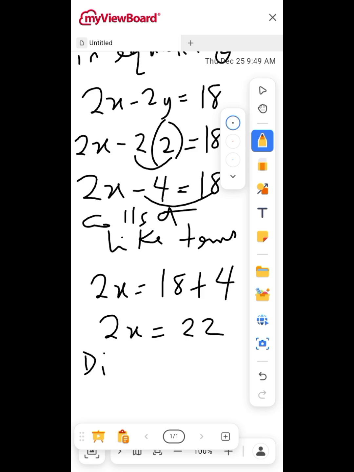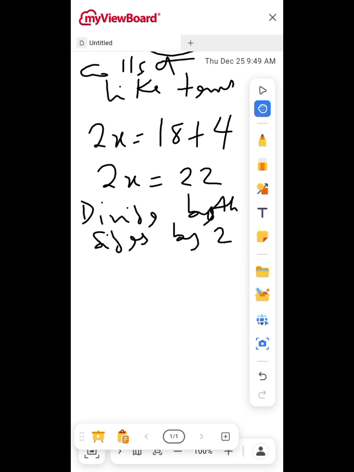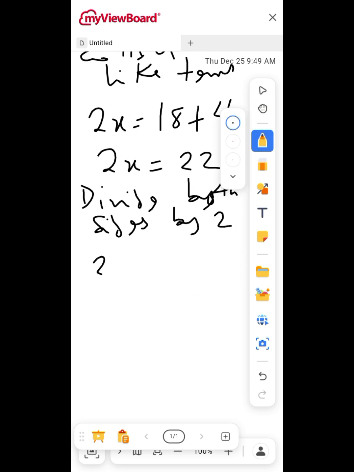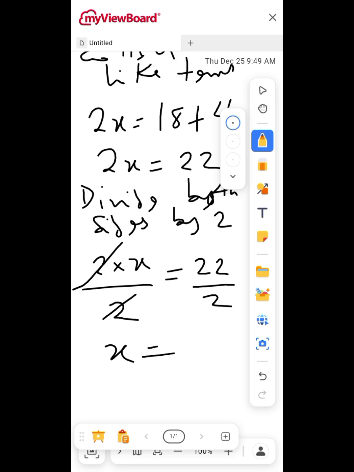We divide by the coefficient of x. Divide both sides by 2. So that will be 2 times x over 2 equals 22 over 2. 2 cancels 2. x equals 11.